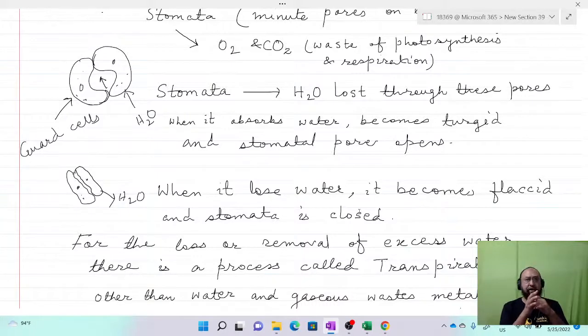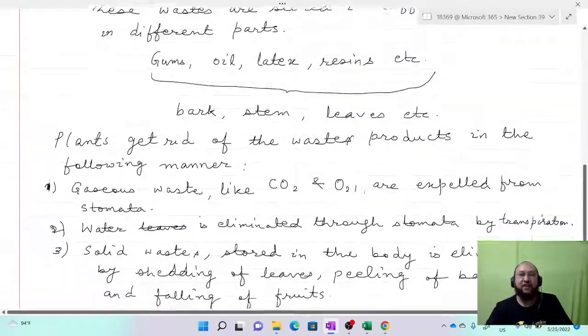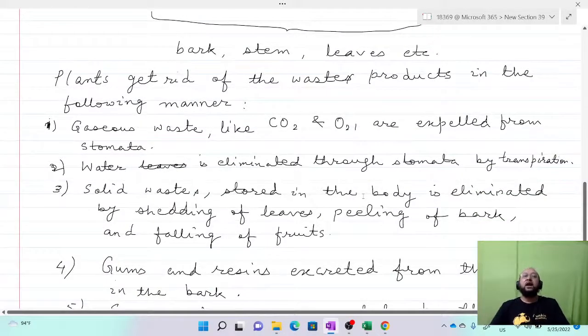So when the guard cells are full of water, they become turgid and their pores are opened. And when they become flaccid by losing water, the pores are closed. So gaseous wastes like carbon dioxide and water are expelled from the stomata.